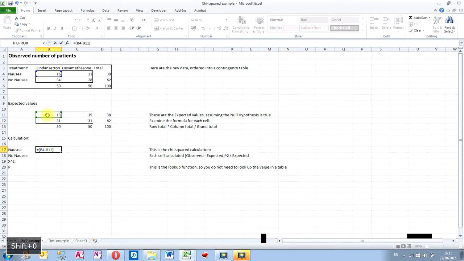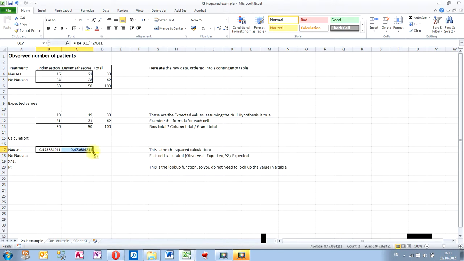Close the bracket, square it, so to the power of 2, and then I divide it by the expected value, which is that one. Press enter, and that's my squared residual. Then I copy this formula across one, and then down one. So I've worked out the squared residuals here.